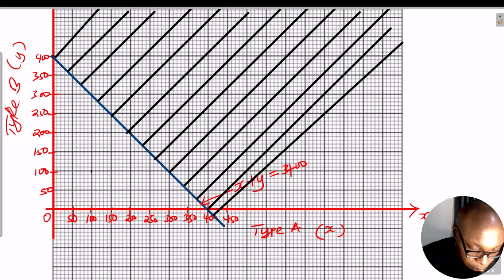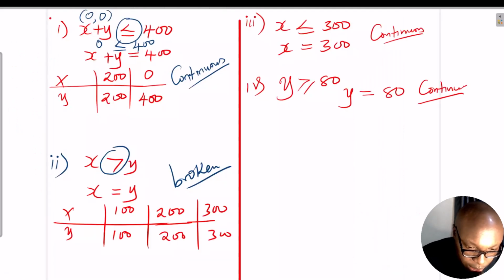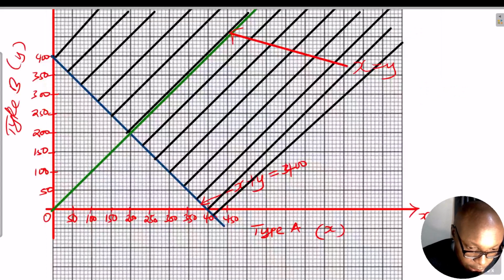You just require 2 points, but you can use the third one for confirmation. So that is the line, x is equal to y. Now that line is broken. Remember, we say the line is broken, so points lying on that line will not satisfy the inequality.